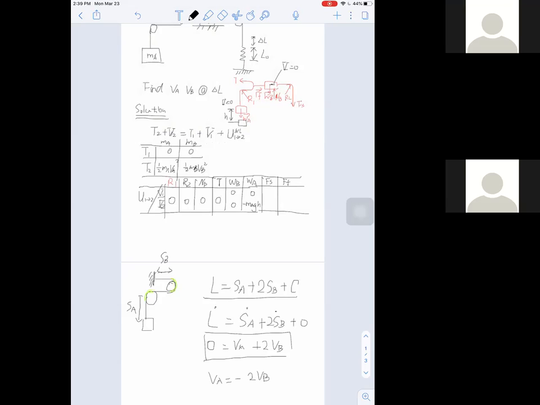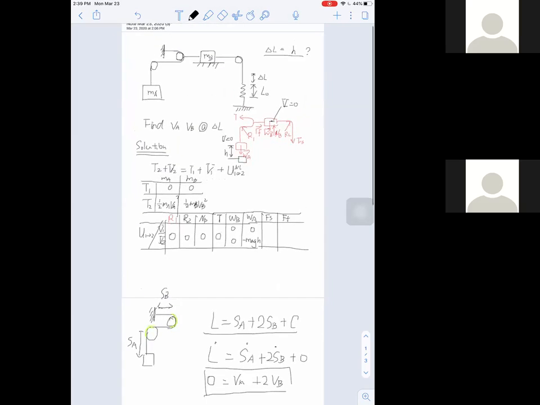So this tells us VA is moving 2 times faster than VB, right? VB represents how fast block B is moving. Block B is connected to the spring.